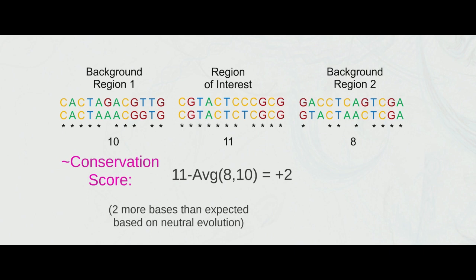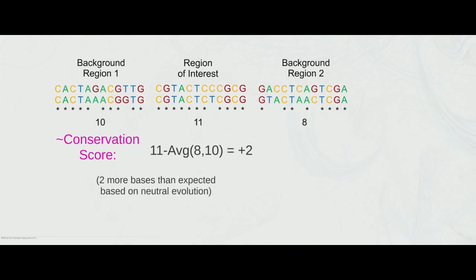Assuming the background regions are under neutral evolution, just random background changes, the region of interest is more identical, so this is purifying selection, and you can say the conservation score is +2. And maybe you divide that by 12 and say 2/12 per base is the conservation score. Pretty simple.